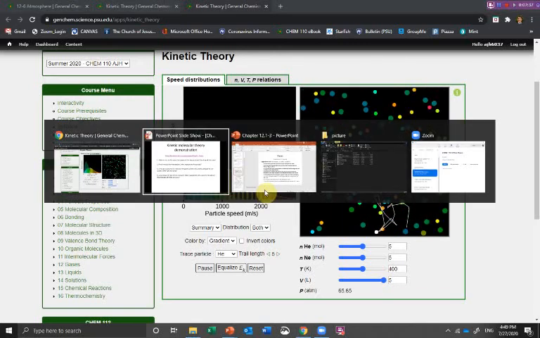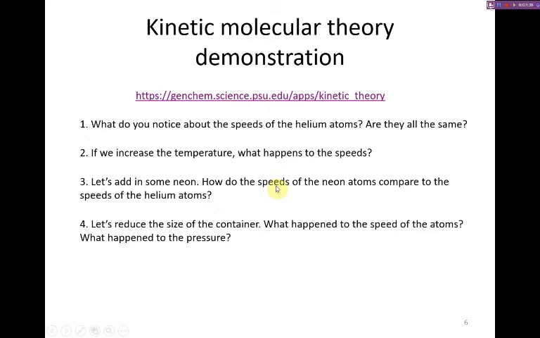Let's return back to our slides. So what do we notice about the speeds? Well, there's a distribution, right? They're not all moving at the same speed, and it varies. If we increase the temperature, we saw that increased temperature led to increased speed. When we added in the neon, we saw that neon was slower than helium.